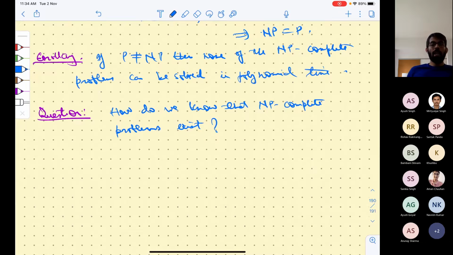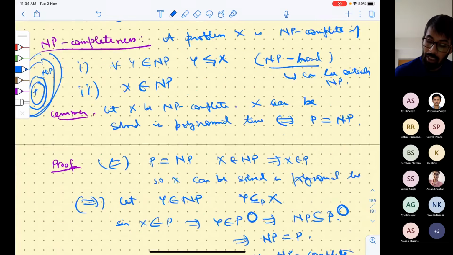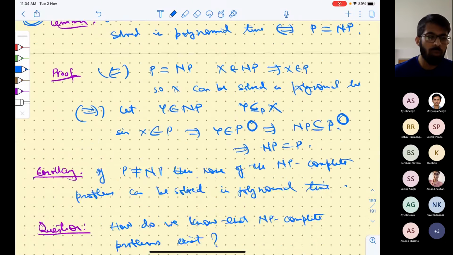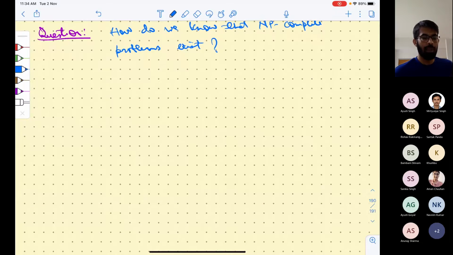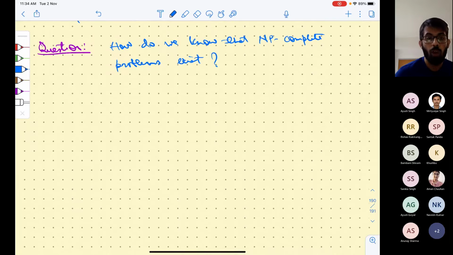NP's definition is very strange. It is just all the problems which have certificates. There can be any number of problems in NP, and all of them should reduce to this single problem, right?